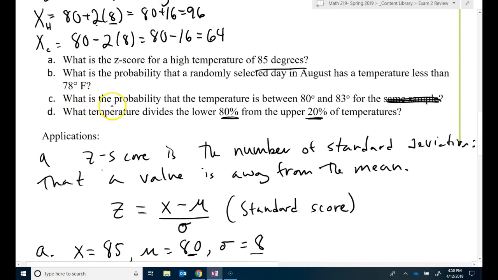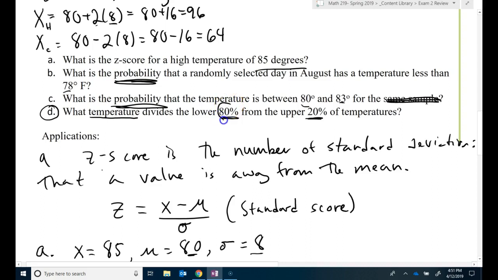So the difference here, and I want you to notice something about the questions, right? In this case, it's asking for a probability. In this case, a probability, right? Okay. In that case, what you're looking for is the area under the curve that's between, for example, 80 and 83, or that's less than 78. Now, in this case for D, they're looking for a temperature. What temperature divides the lower 80% from the upper 20% of temperatures?